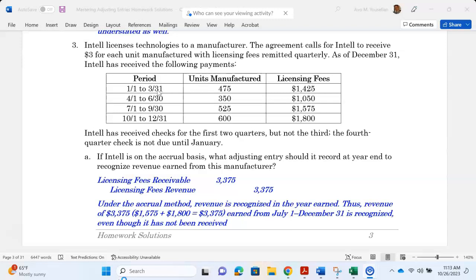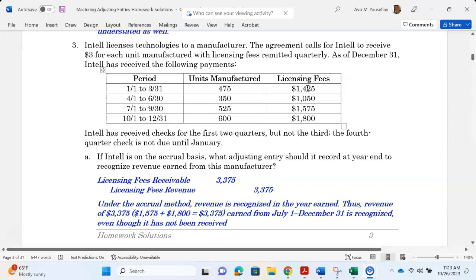The production with the manufacturer was 475 units, and they got fees for it, 475 times 3. They got the second quarter, they got the third quarter, right? But let's read it. Intel has received checks for the first 2 quarters. Okay, the first 2 quarters, you see, those 2 are paid.